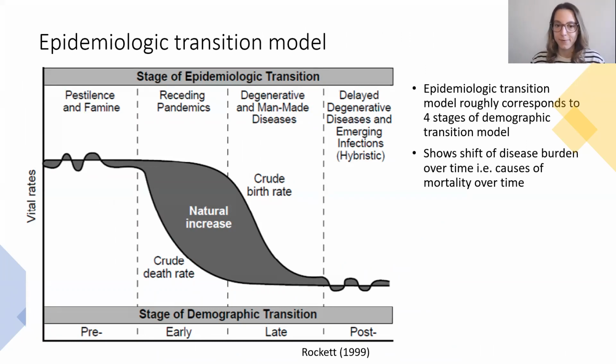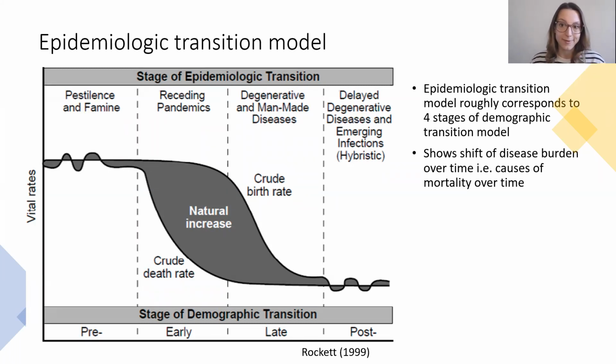So not as focused on population, but more so how diseases have shifted over time. And generally, we talk about this transition in terms of infectious to more chronic. It shows how the disease burden has changed over time, what the causes of mortality are primarily at different stages of this transition model.